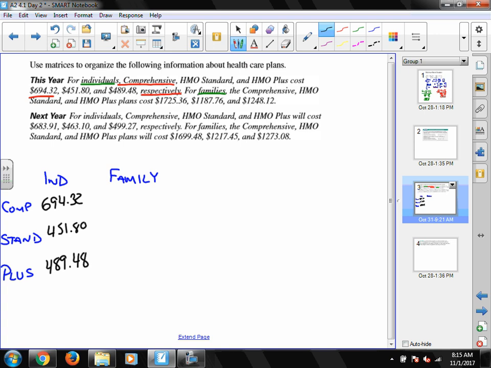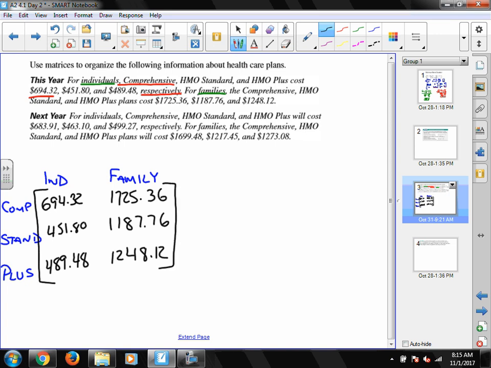The family comprehensive, $1725.56, guess I can't read today. The standard is going to be $1187.76, and the plus is going to be $1248.12. All we do from there, put our brackets in. We've got a nice matrix right there.